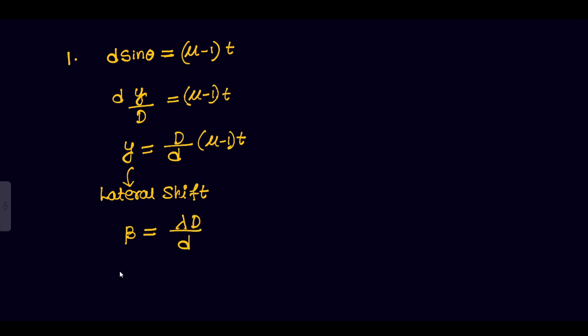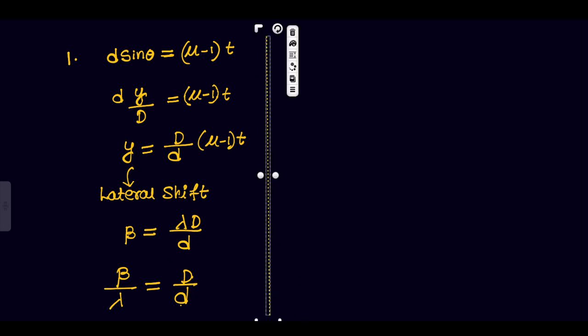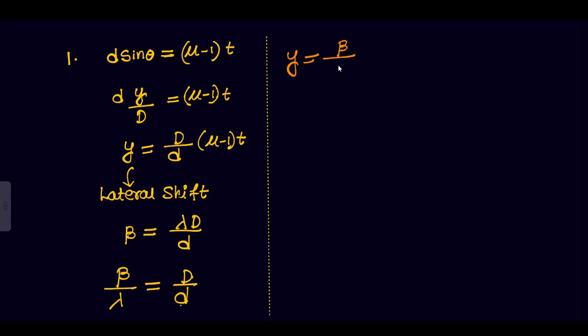Bringing lambda to this side, beta by lambda equals D by small d. In place of D by small d, I can place beta by lambda here. So the lateral shift can also be given as beta by lambda into mu minus 1 into t.